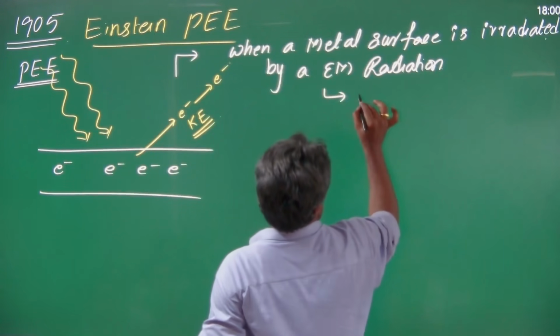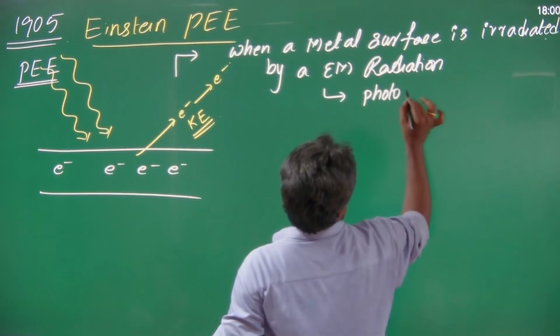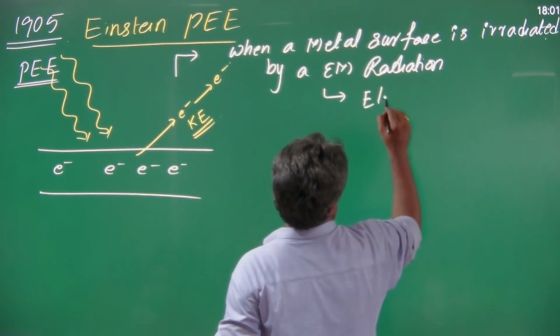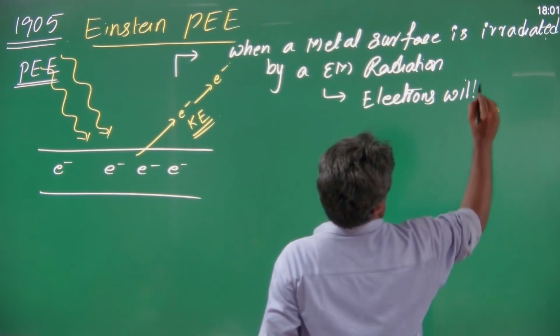The electrons will be emitted. Say yes or no. What are those electrons called? Photoelectrons. Photoelectrons. Electrons will be emitted.